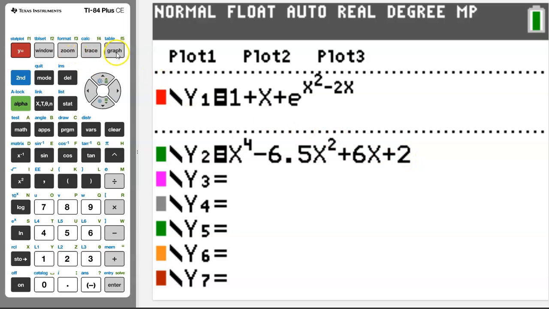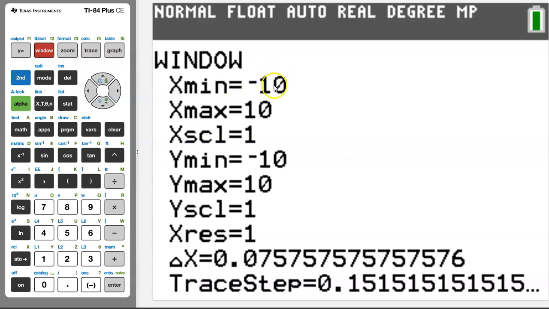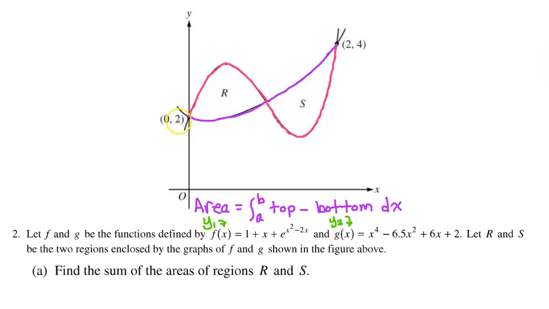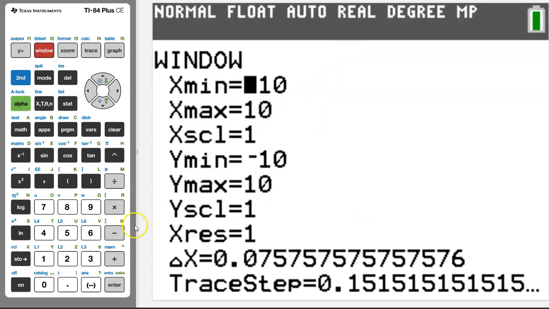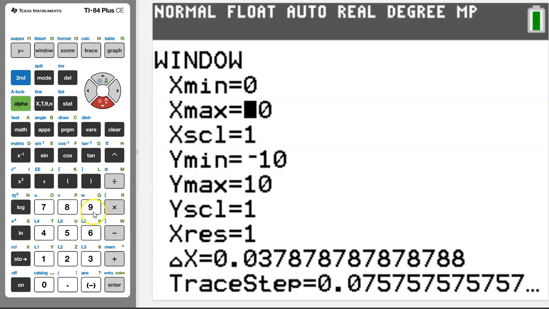Before I hit that graph button to take a look at what we've got, I would like to adjust the window to make it more closely resemble what we see on the AP exam. So look at the x values that they give us at the extremes. On the left, it starts at 0, and on the right, it's going to 2. So let's adjust the window so that the minimum x value is 0, and the maximum x value is 2.